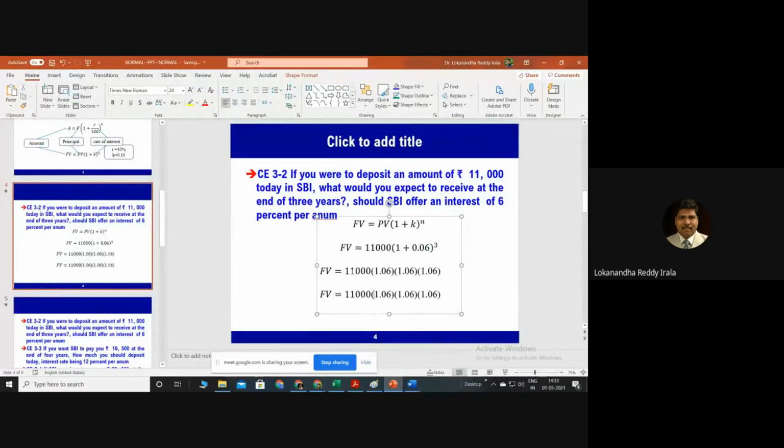So now the future value is 11,000 into 1.06 into 1.06 into 1.06. Just tell me if you have a calculator, how much is that?